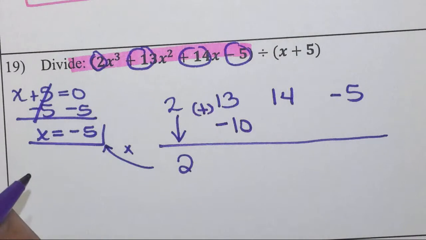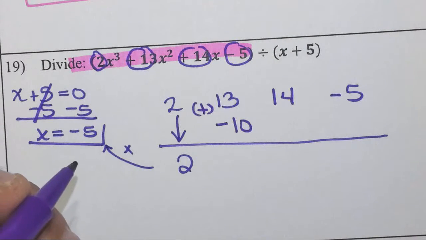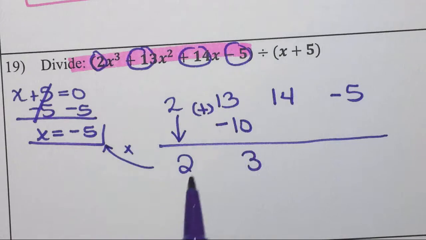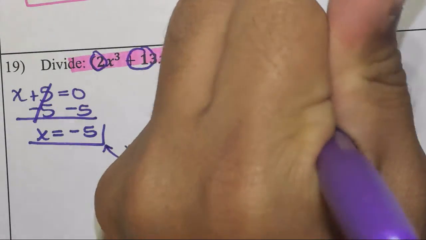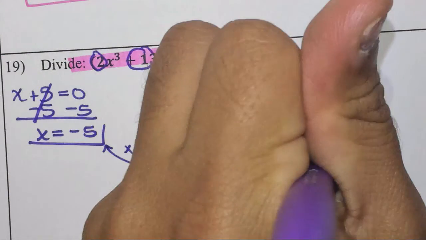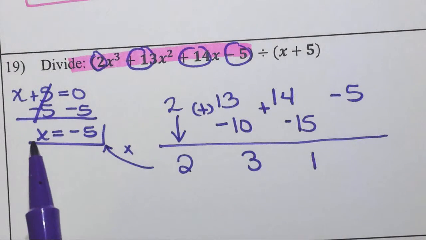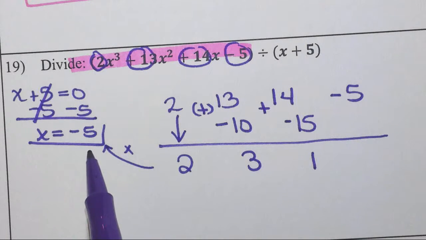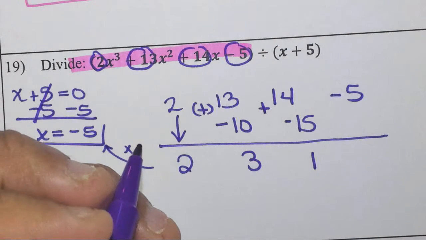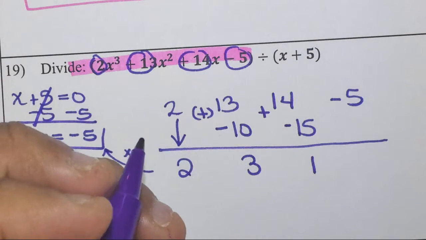Always add, so 13 minus 10 is 3. And repeat the process. 3 times a negative 5 is a negative 15. Add those and you get a 1. Then 1 times a negative 5 is a negative 5.